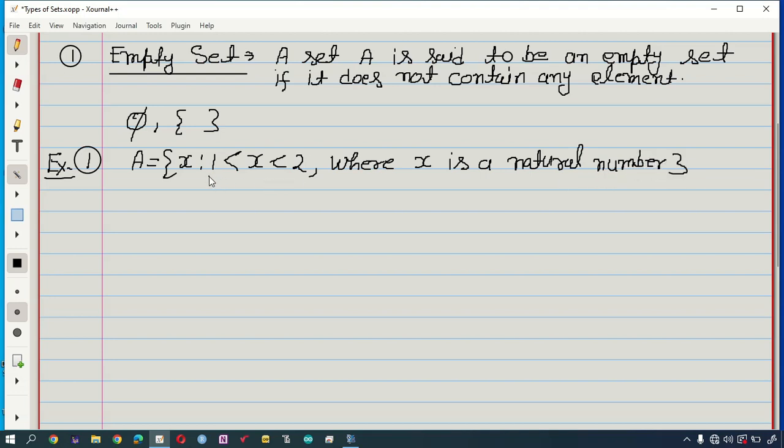So you can understand here, between 1 and 2 there is no natural number. So what will A contain? A will contain nothing. So here A is an empty set.